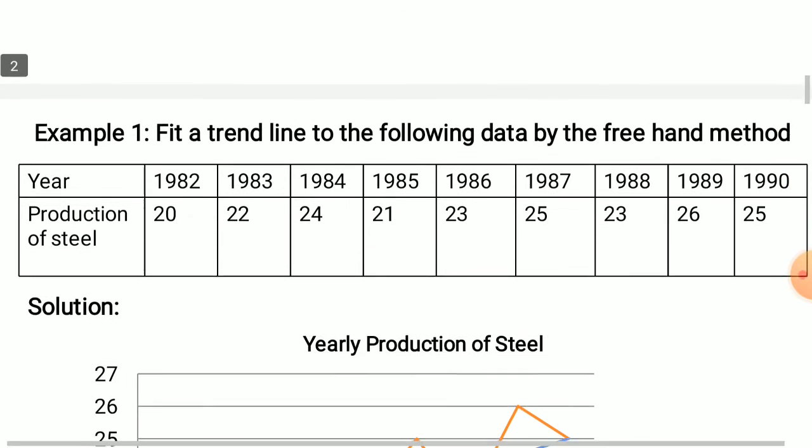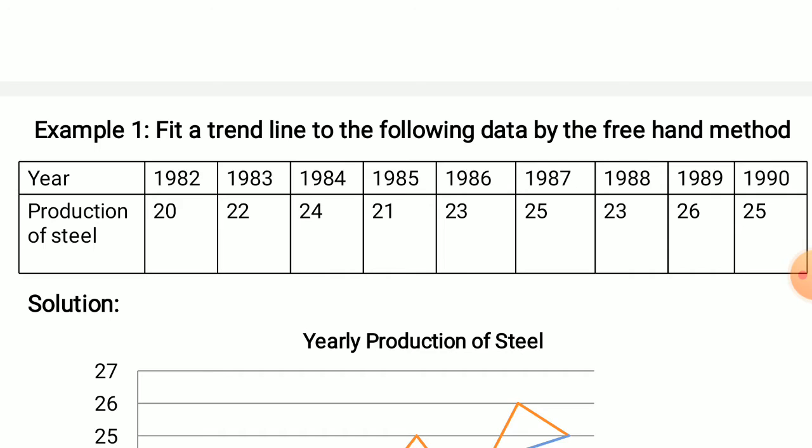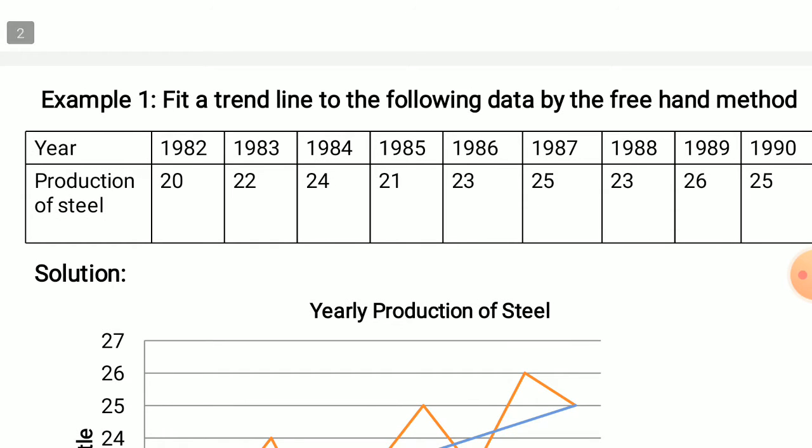Now take the first problem. Fit a trend line to the following data by the freehand or graphic method. Here the various years are given, and the production of steel in the different years. With this data we have to fit a trend line.